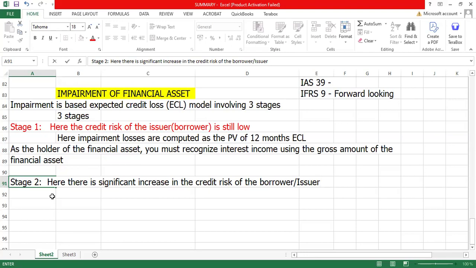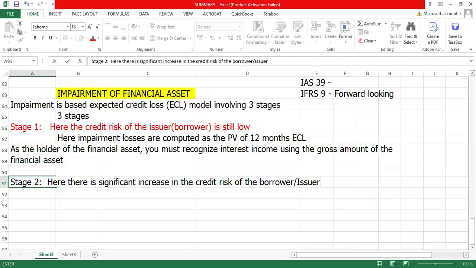So it means that here the percentage of defaulting has increased. So in this case, what do you do?